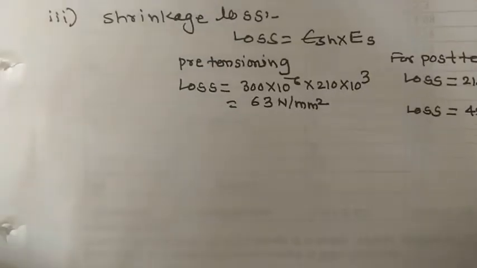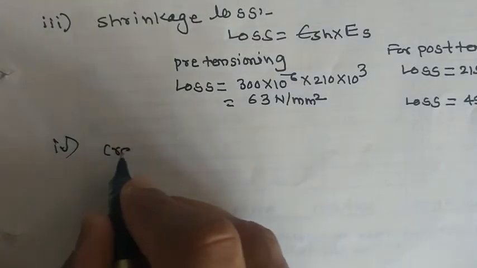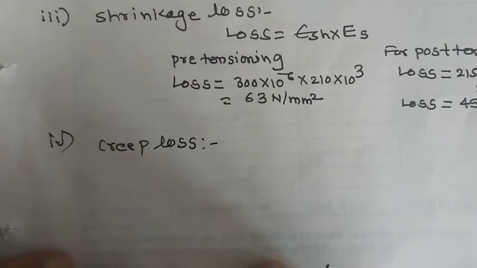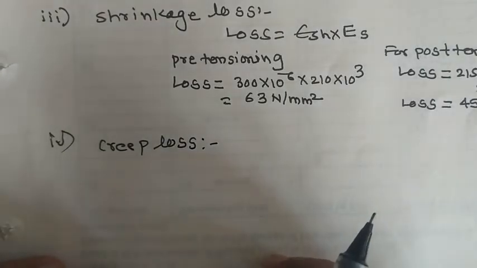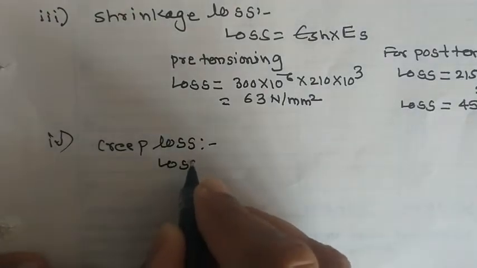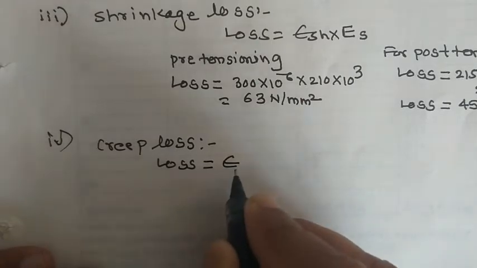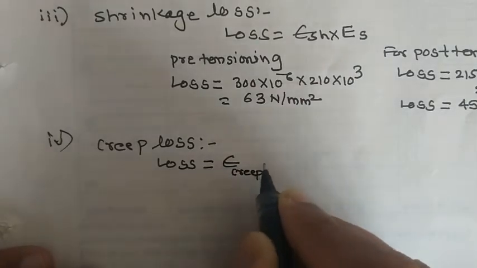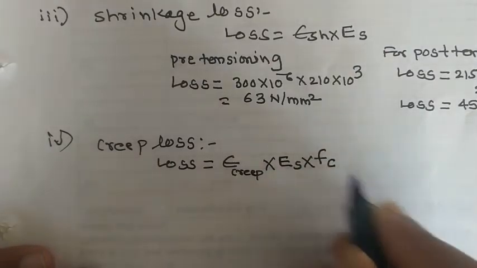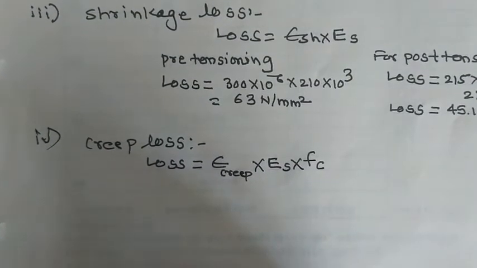Okay. Now the next is creep loss. In this question, the creep strain is given. So you have to use the formula which has a creep strain value: epsilon creep multiplied by Es multiplied by fc, using this formula to find out the creep loss.